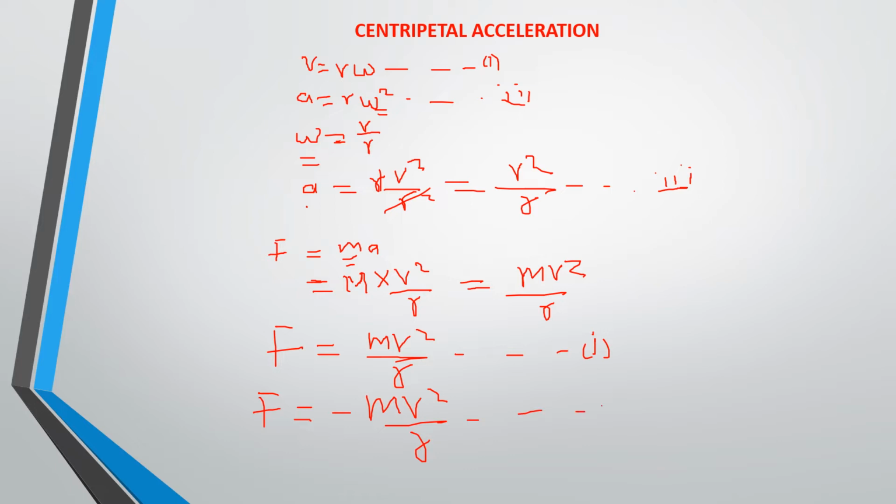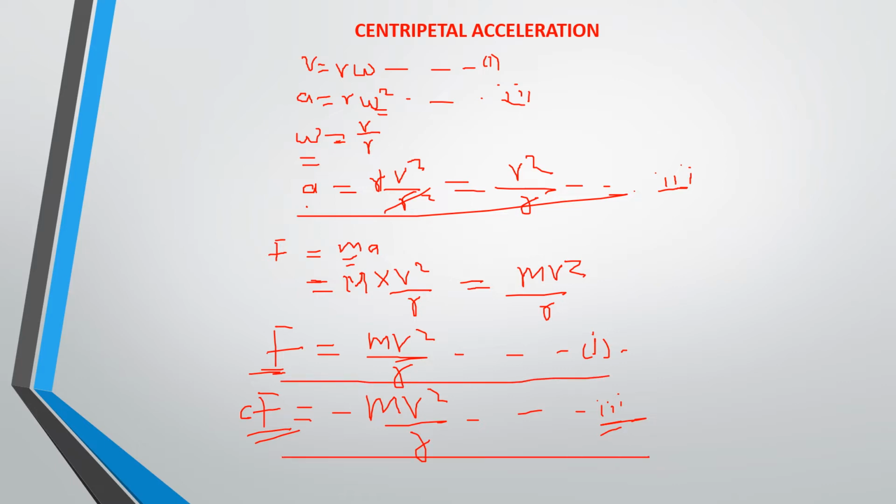So this is how to derive the equations for centripetal acceleration, centripetal force, and centrifugal force. Now we'll go straight to how to apply these equations to solve some problems. So we're going to solve some problems now.